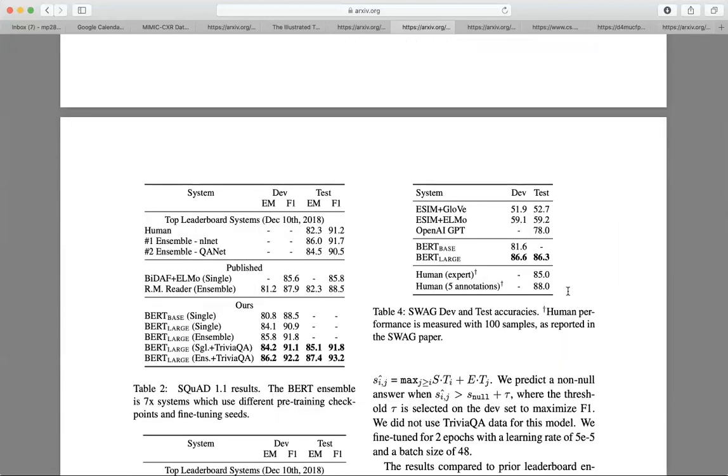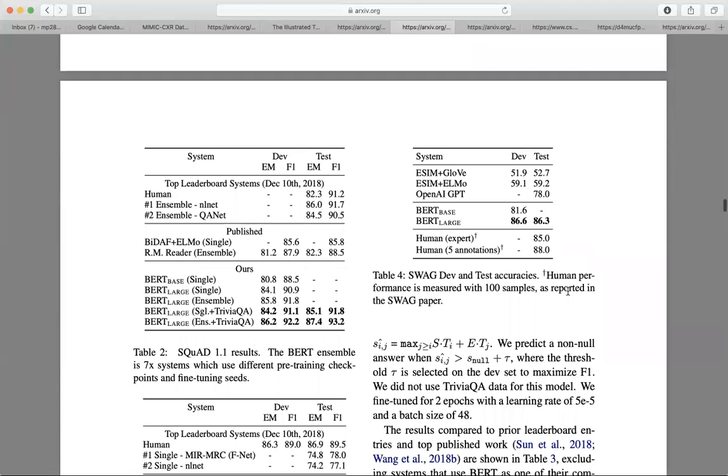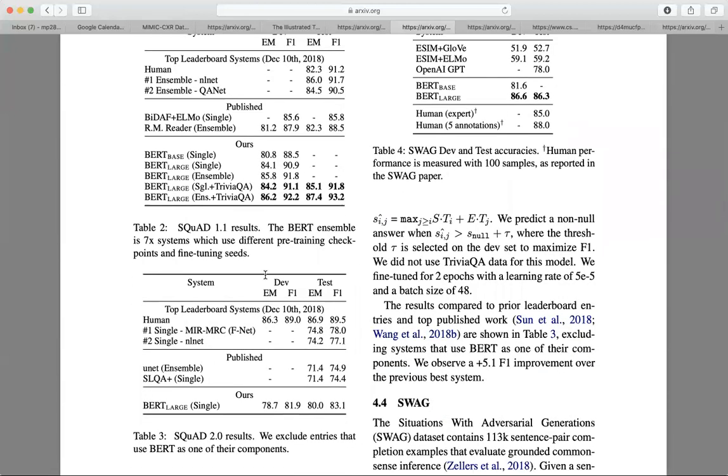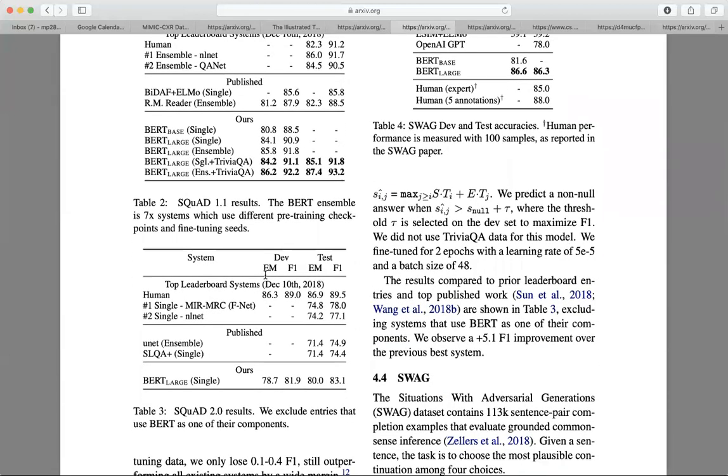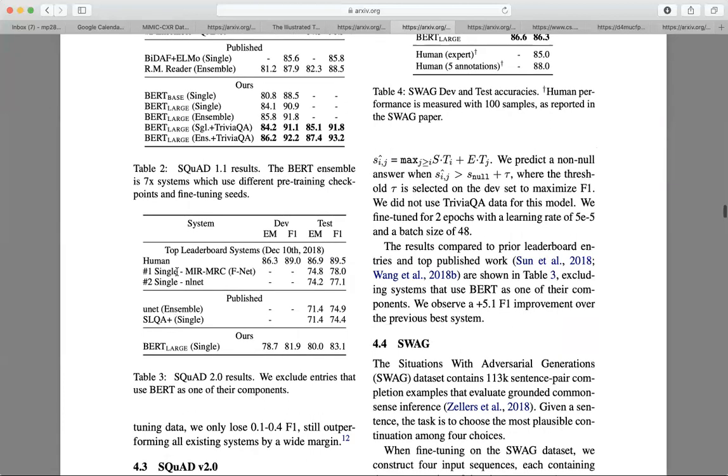And when you do this on SQuAD, which is the question answering data set, human performance is 89%, and BERT large performance is 83%, which is I would say almost as good as a human.